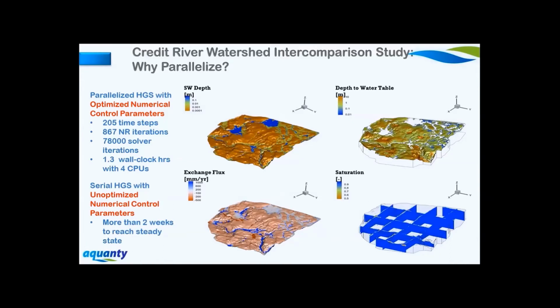That was with only 4 CPUs. However, if you run it in serial mode and not optimize certain numerical control parameters such as Newton iteration parameters, solvers, sparse matrix solver parameters, that very same problem took more than 2 weeks to reach steady state. So the savings in computation time can be immense if you carefully tune your control parameters as well as the number of CPUs that are used.